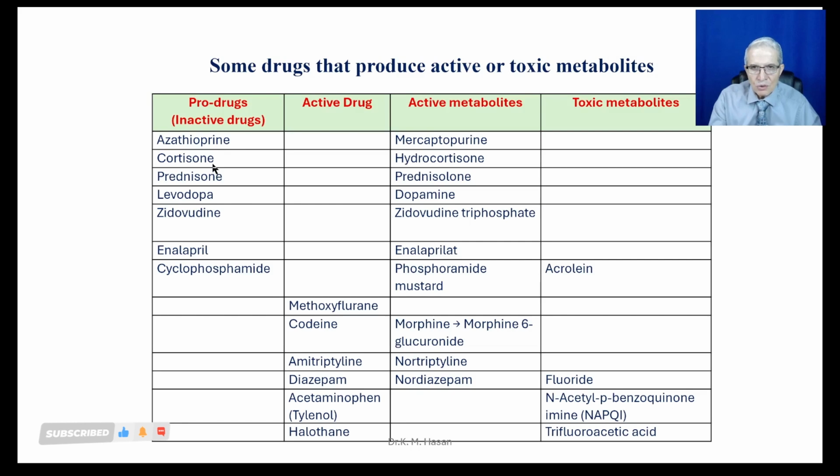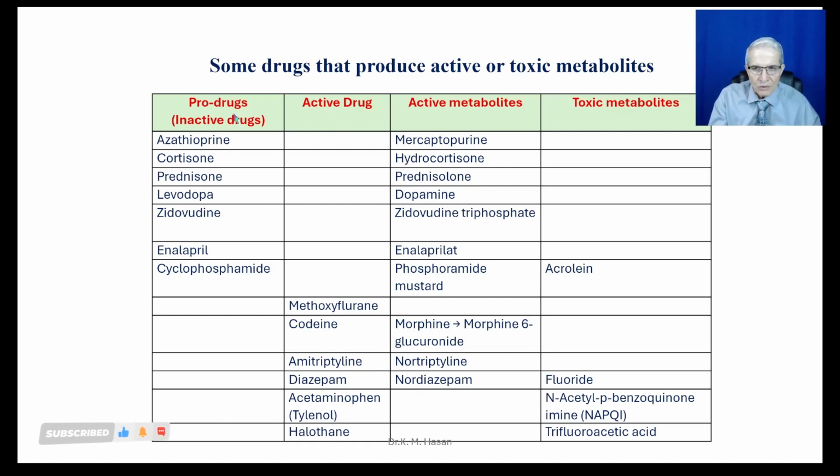Moving to cortisone, a very popular inactive medication, this will be metabolized to hydrocortisone. Prednisone will be activated to prednisolone. Levodopa, the medication for Parkinson's disease, should be activated to dopamine in the brain.